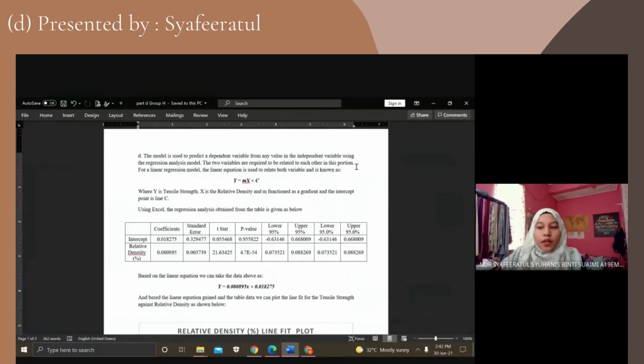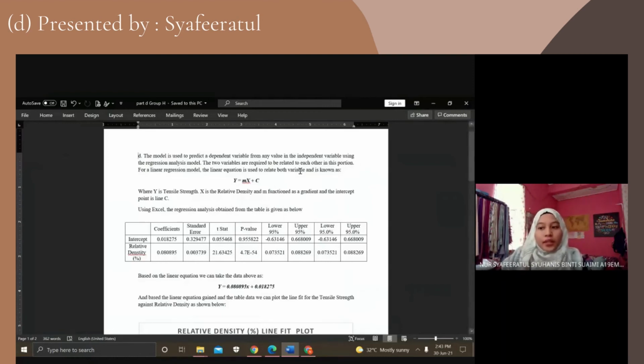The predictor variable is called the independent variable, which is relative density. With 95% confidence, the linear relationship between the tensile strength of the pill and the relative density is valid. The equation to describe this relationship is y equal to mx plus c, where y is the tensile strength of the pill, m is the gradient of the line, x is the relative density of the pill, and c is the intercept.